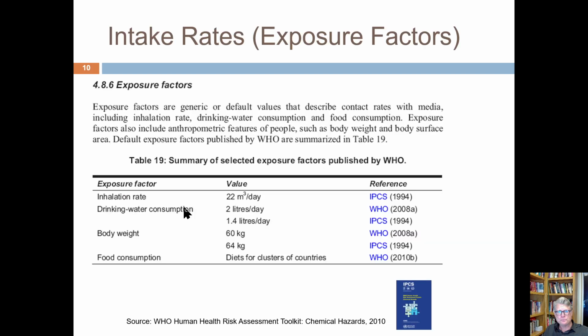Now, there are other sources of exposure factors. In fact, the U.S. Environmental Protection Agency has an extensive program on characterizing exposure factors for people in the United States. China, the Environmental Protection Agency there, has its own detailed characterization of exposure factors for people in that country.